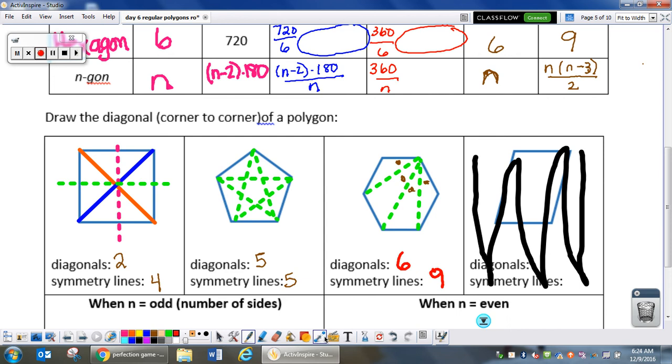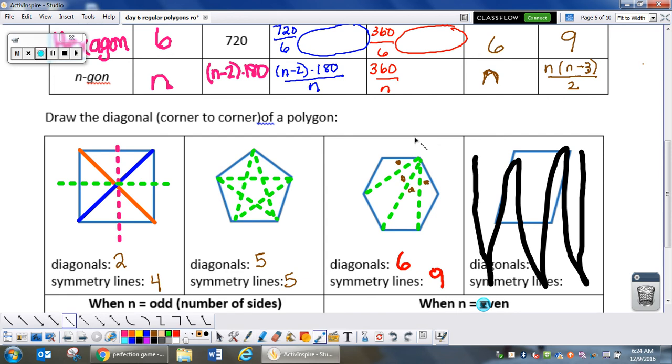So a symmetry line for a hexagon, let me use a different color, could be something like this, which you notice is not a diagonal because it doesn't go from corner to corner.